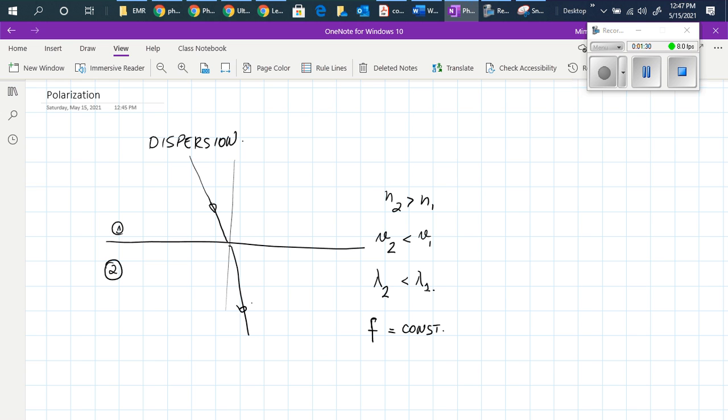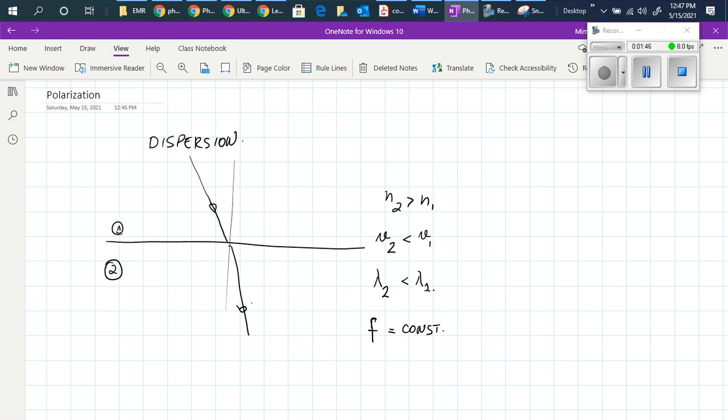We saw this in refraction, Snell's law. However, the index of refraction depends to a small degree on the wavelength of the light.